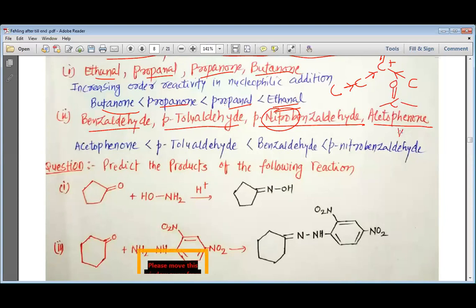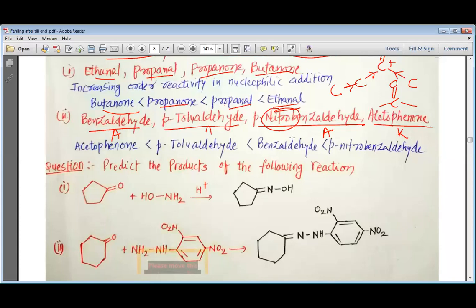So this is a ketone, and the rest are aldehydes. This is the pure benzaldehyde. Here you have the methyl group, which is an electron donating group. Here the nitro group is present, which removes electrons, as it is an electron withdrawing group.